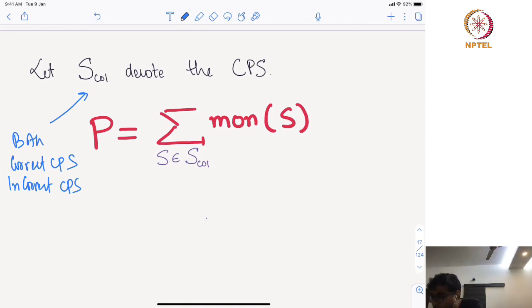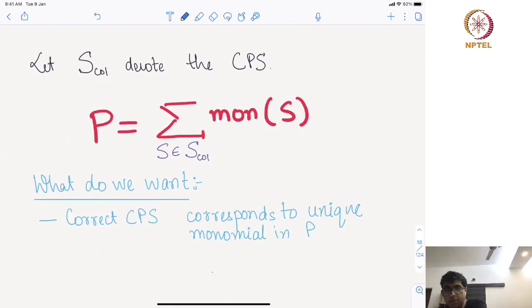It's a summation over S in S call of a monomial with respect to S. Now notice that the number of monomials in this polynomial could be n to the power of big O of k. So we are making a polynomial, but we can't explicitly write it down completely and evaluate it. Just by the look of it, it should point out to you that it's a very big polynomial. So we cannot write it down explicitly, but we need to find ways to evaluate P efficiently so that we can apply the Schwartz-Zippel Lemma.